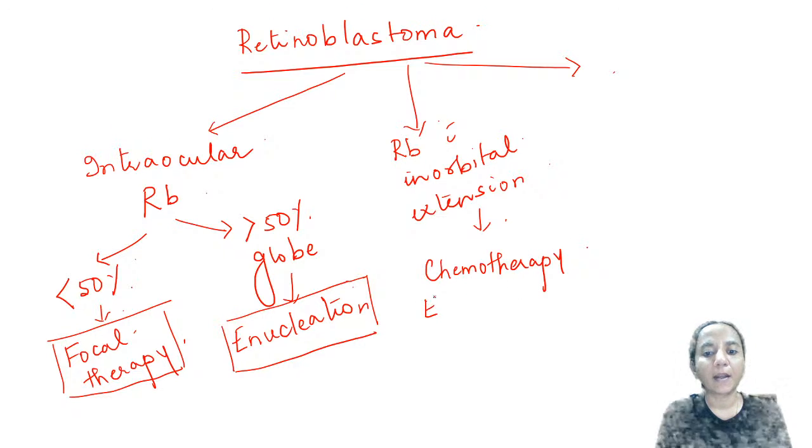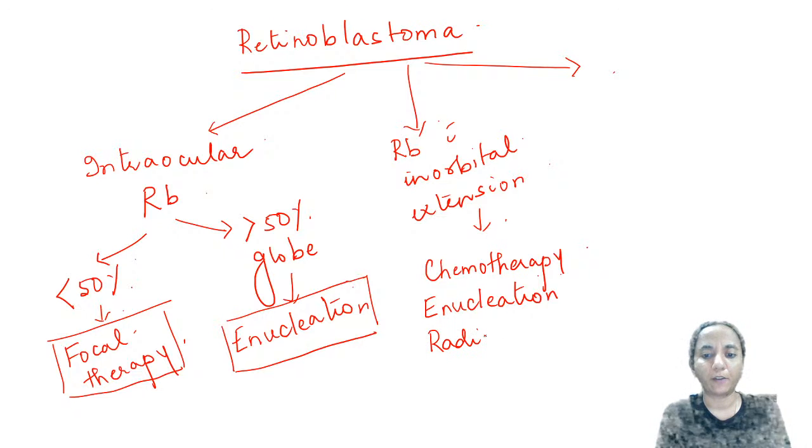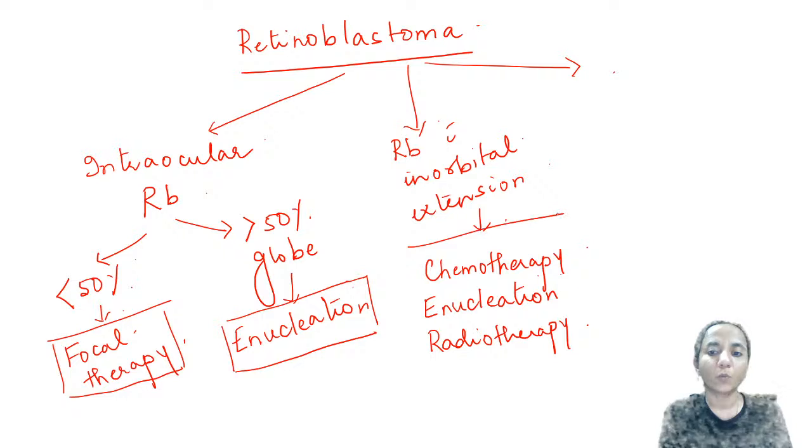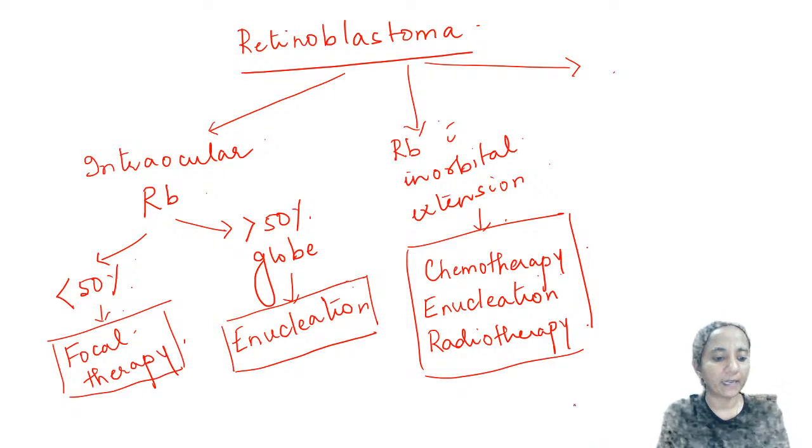And once it becomes locally resectable, then you go for enucleation, and then you go for orbital radiotherapy if needed. So this is what you have to mark if you get retinoblastoma with orbital extension.